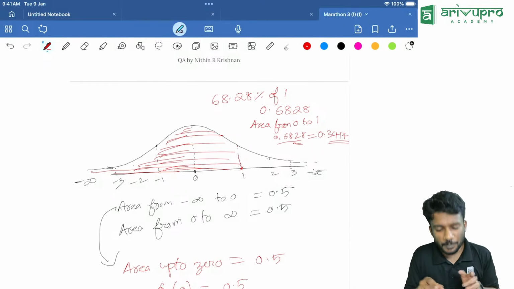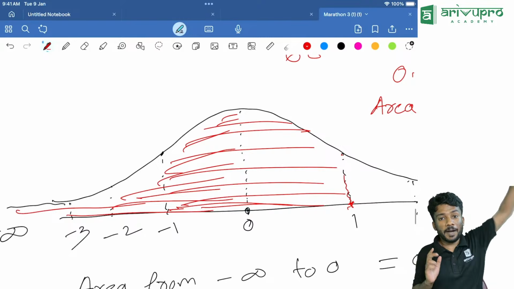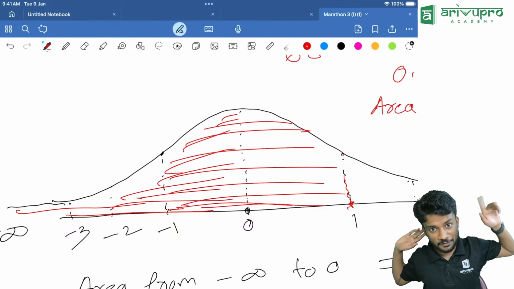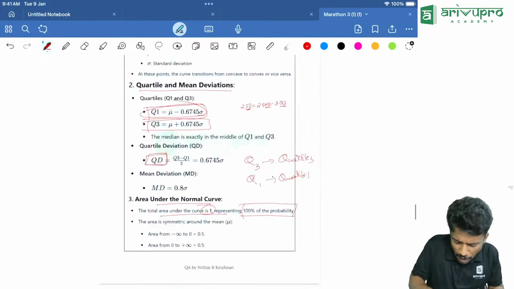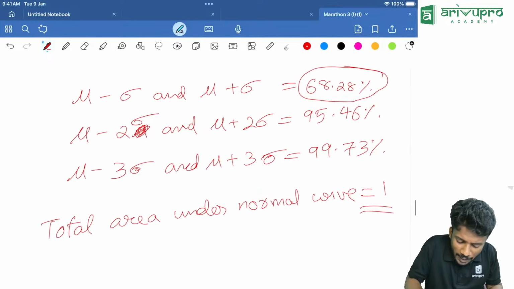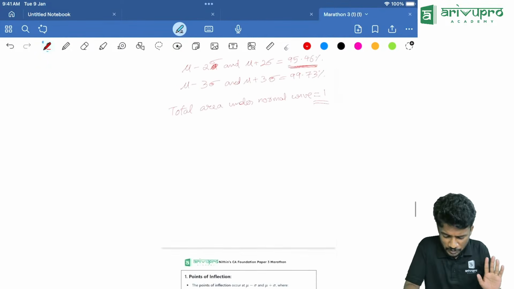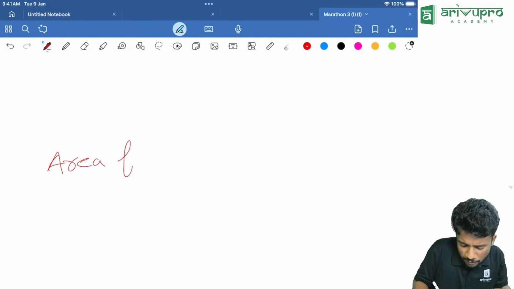Now you tell me what is the area up to 2. From minus infinity to 2, how much is the area? How can you find that? The area between minus 2 and 2 is 95.46%.